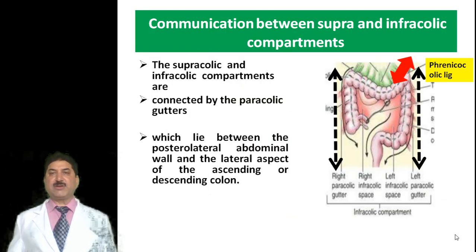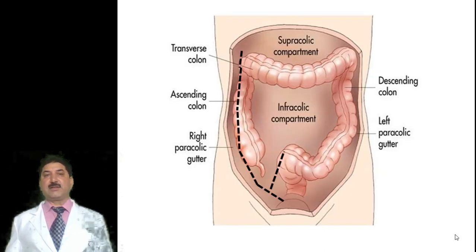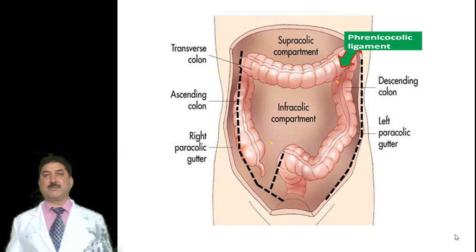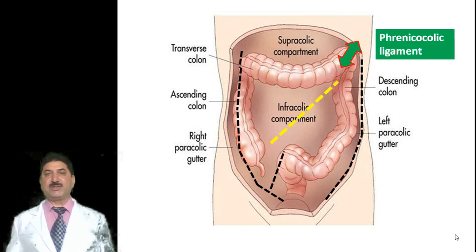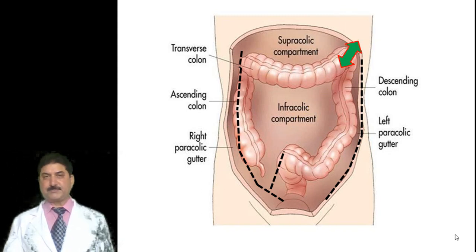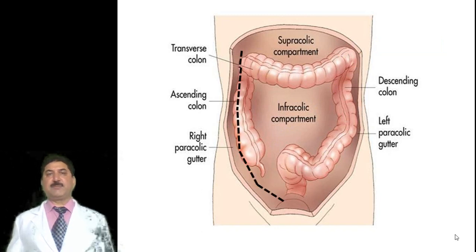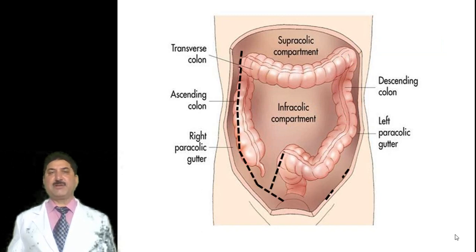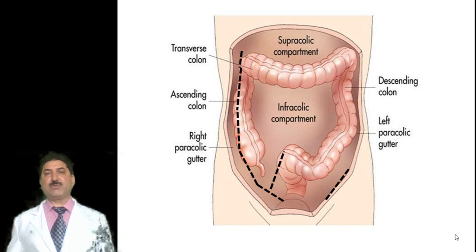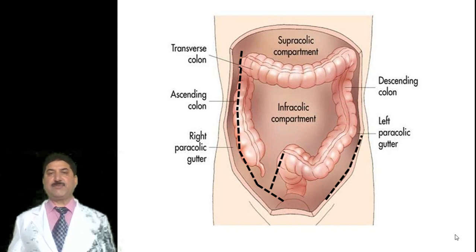The presence of this phrenicocolic ligament prevents spread of infections from the infracolic compartment to the supracolic compartment through the left lateral paracolic gutter, as shown in this animation.